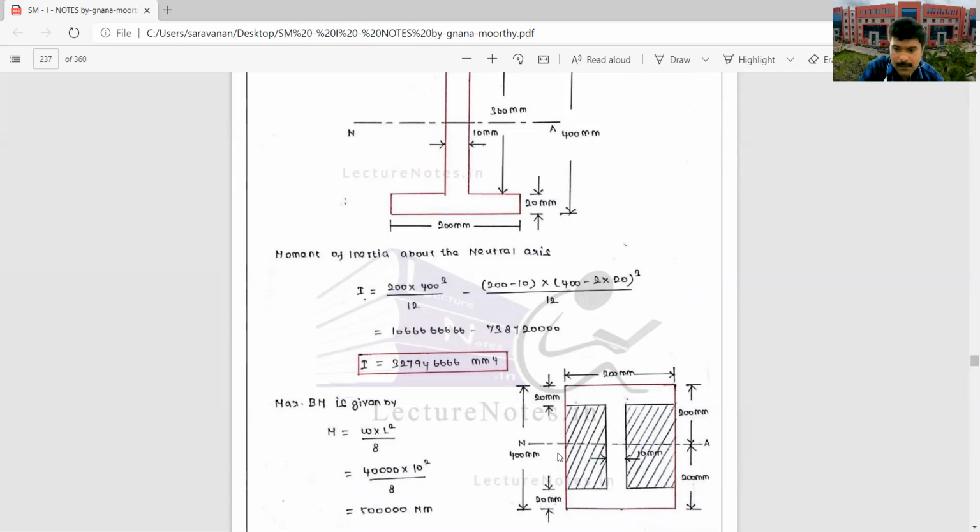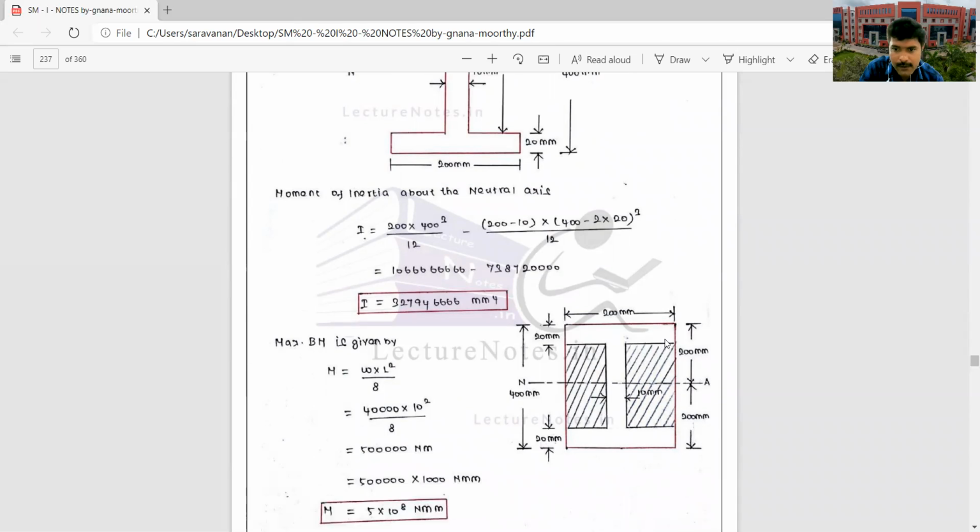Suppose you consider this I section and consider the overall rectangular section. The formula for the moment of inertia of a rectangular section is BD cube by 12. So if you consider this whole portion, it is BD cube by 12.